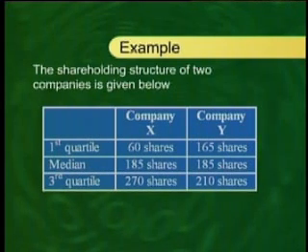On the other hand, for company Y, although the median is exactly the same as that for company X, but the first quartile and the third quartile are quite different. The first quartile is 165 shares and the third quartile 210 shares.